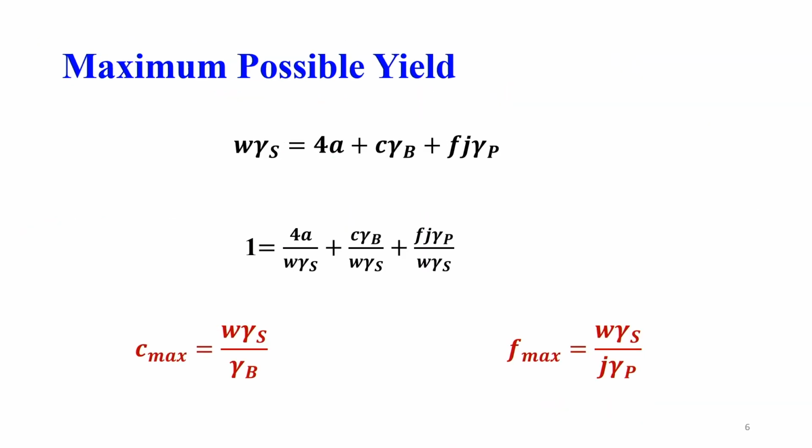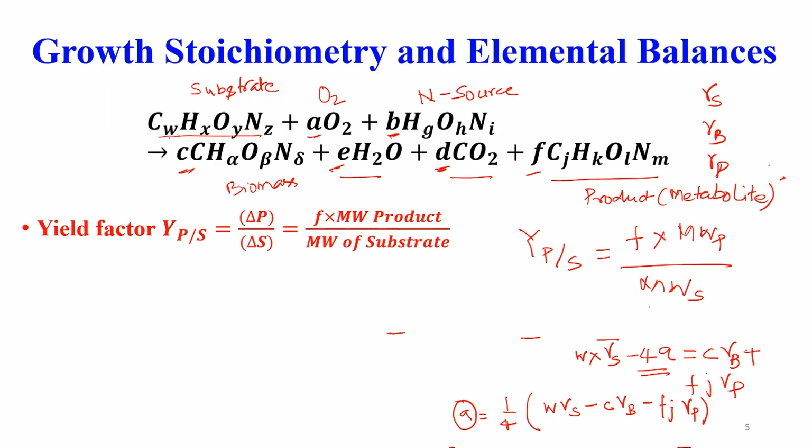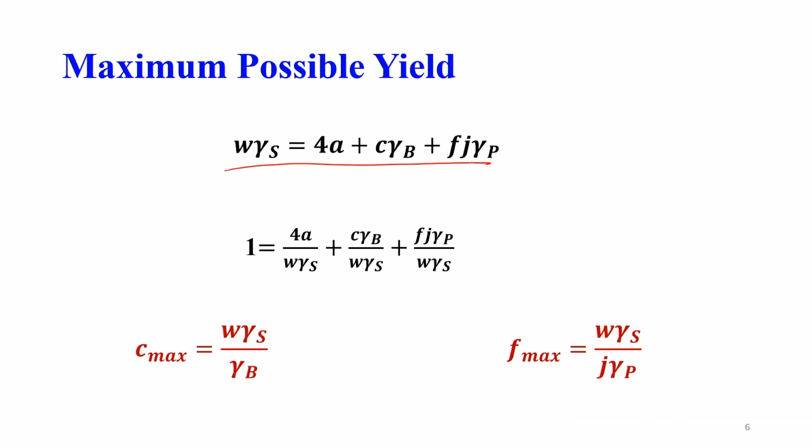Further, on this electron balance, the principle I discussed says available electrons are conserved during metabolism. So let us assume the electrons from the substrate are distributed to the biomass and product. We can rearrange this equation by dividing by W gamma S.